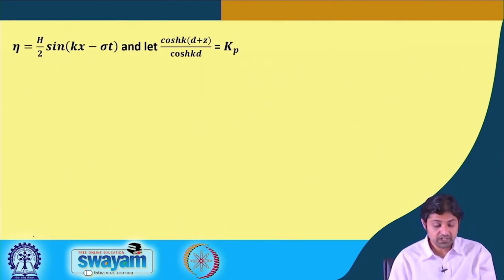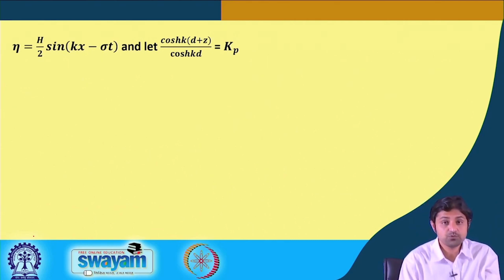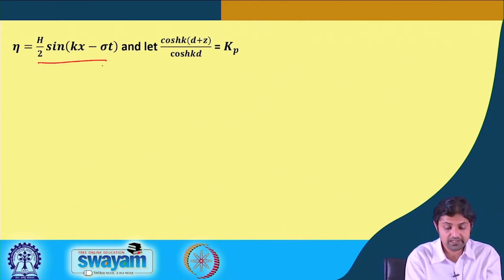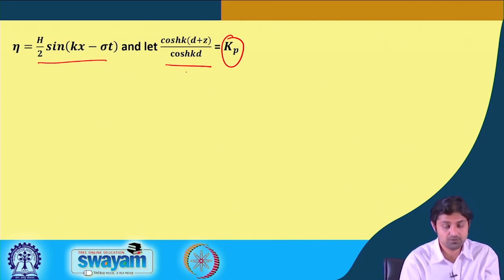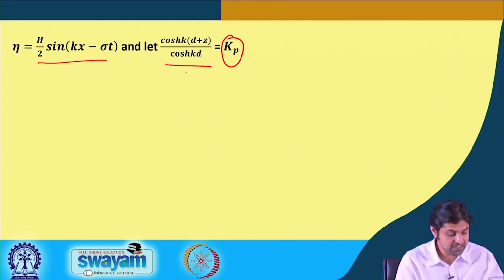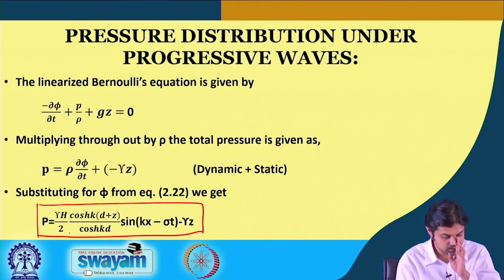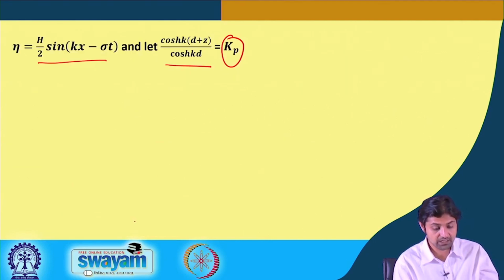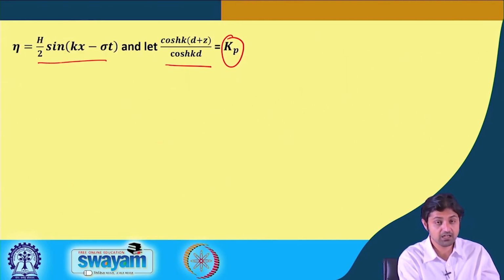We already know that eta can be written as H by 2 sin(kx minus sigma t). Let us assume that cosh k(d plus z) divided by cosh kd is written as K p. Then p is gamma H by 2 K p sin(kx minus sigma t), and H by 2 sin(kx minus sigma t) is eta.